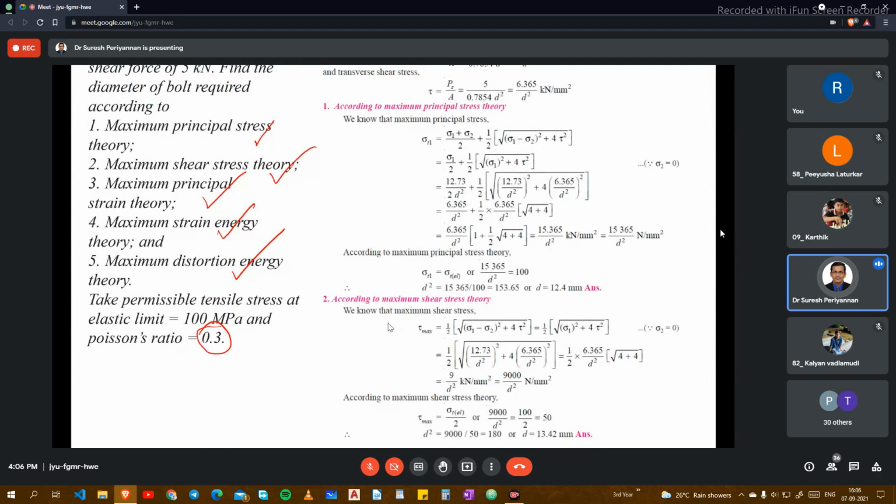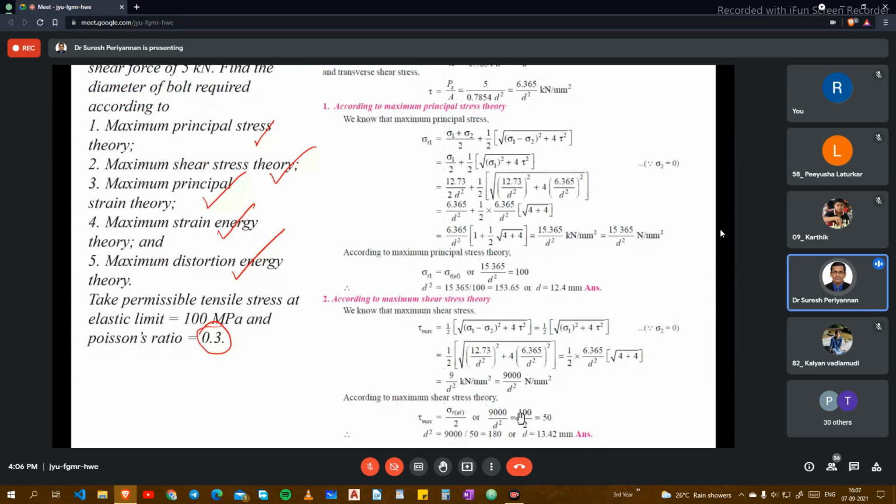Based on the hexagon diagram we discussed in the maximum shear stress theory, it is 0.5 Syt or sigma yt. Hence, I'm using 0.5 Syt, and already sigma yt is given in terms of permissible stress.